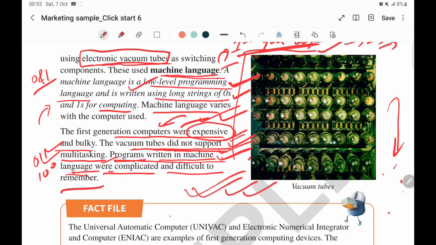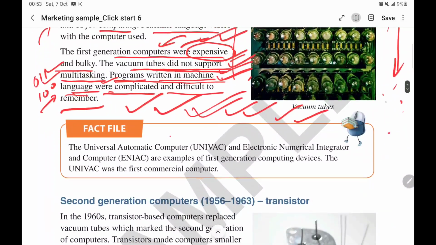It was a very hard thing, difficult and complicated, because machine language was a combination of zeros and ones. So it was not easy to make different codes and programs with the help of machine languages, because it was very complicated and difficult to remember and understand.